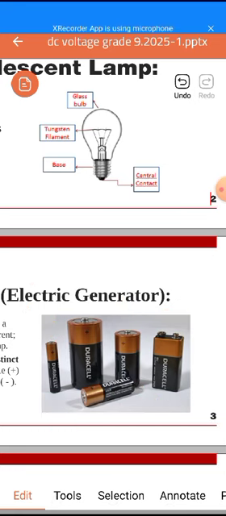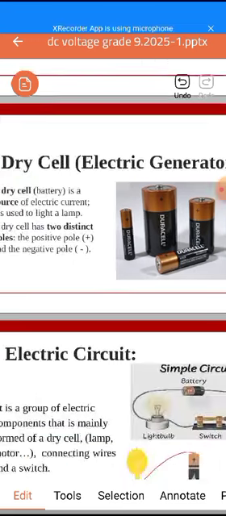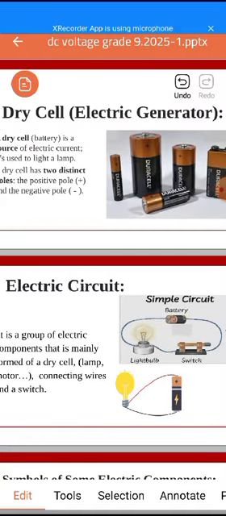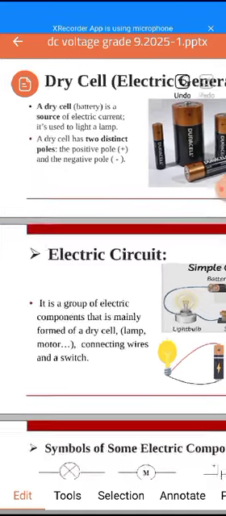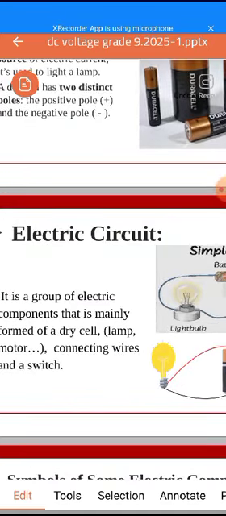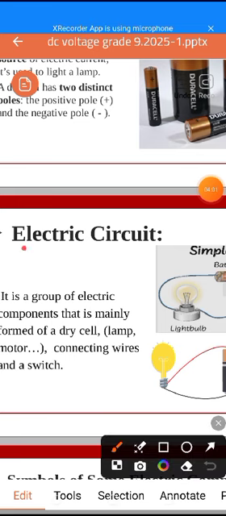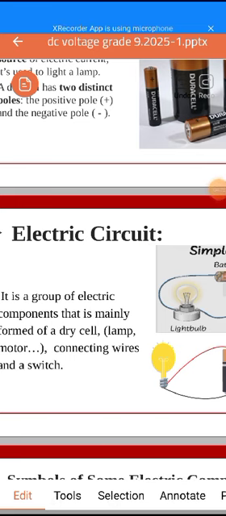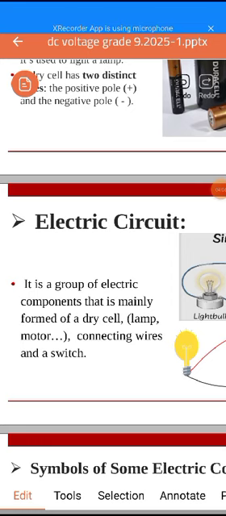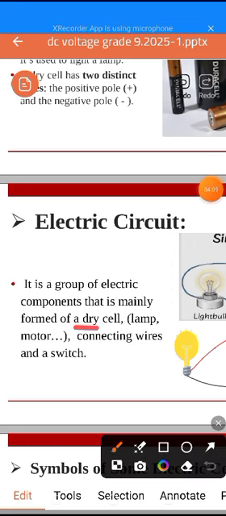In order to connect the lamp to the dry cell, we need connecting wires. When we connect them together by connecting wires, we form something called an electric circuit. So what's an electric circuit? It's a group of electric components that is mainly formed of a dry cell.